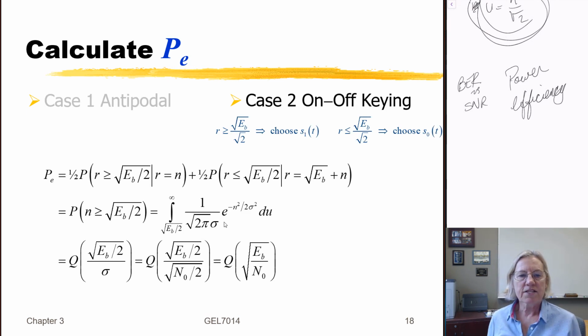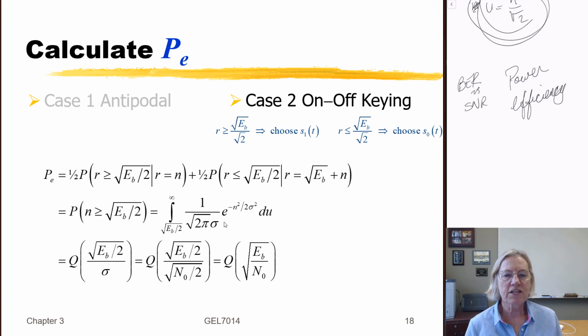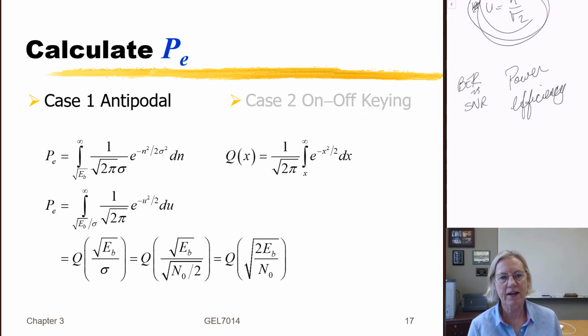So using this notation, I can just relate the two. Sorry, this was for antipodal, and I could do the same thing for the second case of on-off keying.